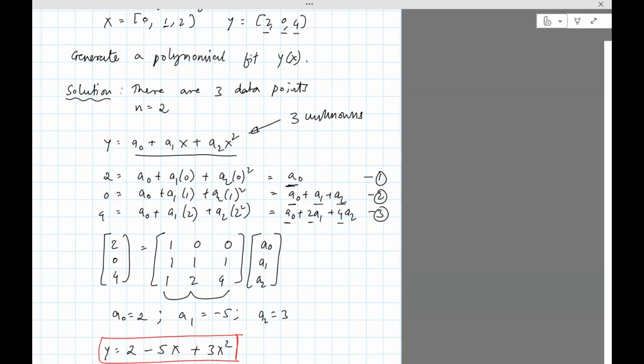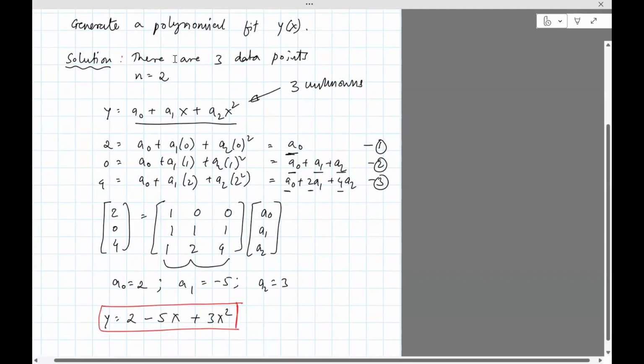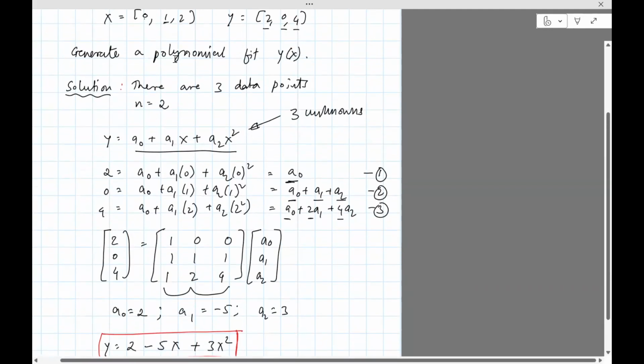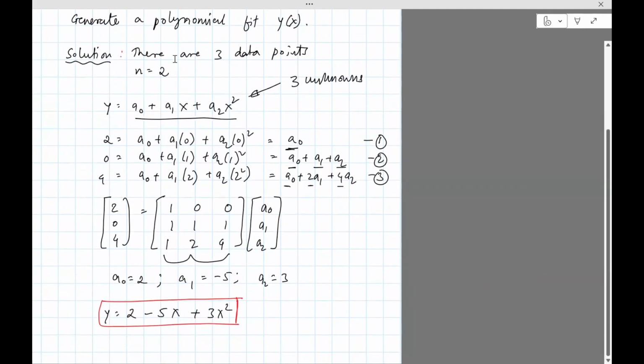This is well done. Now, the only thing you need to do here is invert that matrix. Think of what if you had a 1,000 by 1,000 system. So I give you 1,000 data points. Then it will be cumbersome to do it. Of course, if there are 1,000 points, then you probably won't use a polynomial fit. There are better ways to do it.